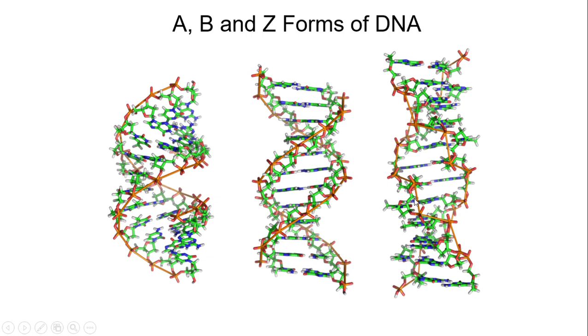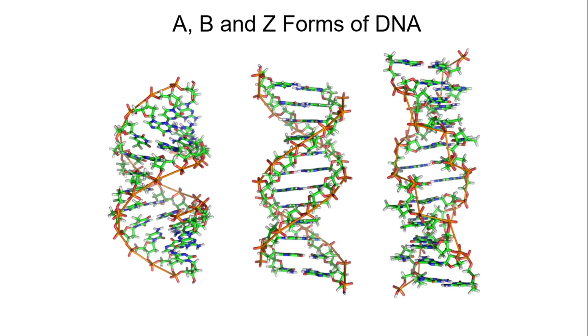Z-DNA is long-handed or stretched out. This was discovered at MIT in about 1979, and unlike A and B, it is a left-handed helix. So A and B are right-handed, Z is a left-handed helix. It has about 12 base pairs per turn because it's stretched out, 3.7 angstroms of rise per base pair, and its diameter is about 18 angstroms.